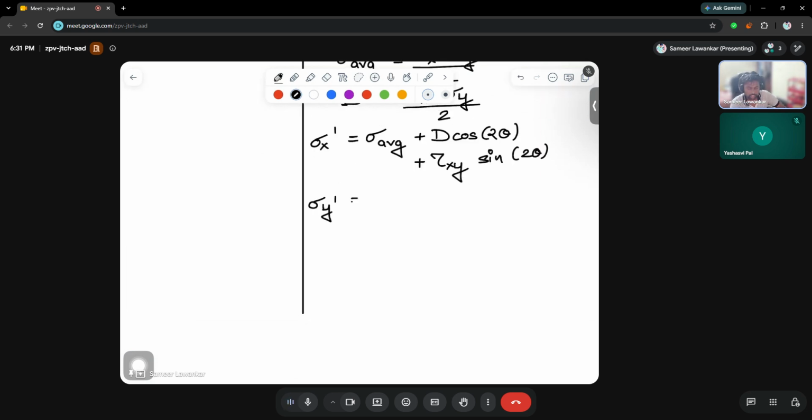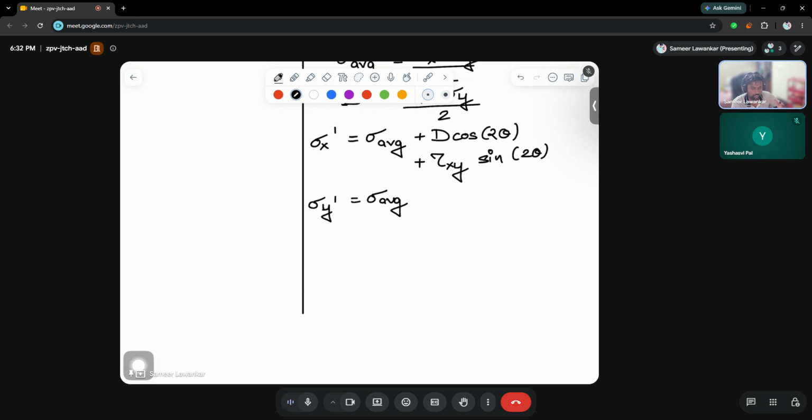Similarly, what is sigma y dash? Sigma y dash is again the stress acting in the y direction but at an angle theta. So basically, if some sigma x and sigma y are given to you, but you don't want the stresses in that particular direction, you want the stresses at some other orientation. Why do we need another orientation?